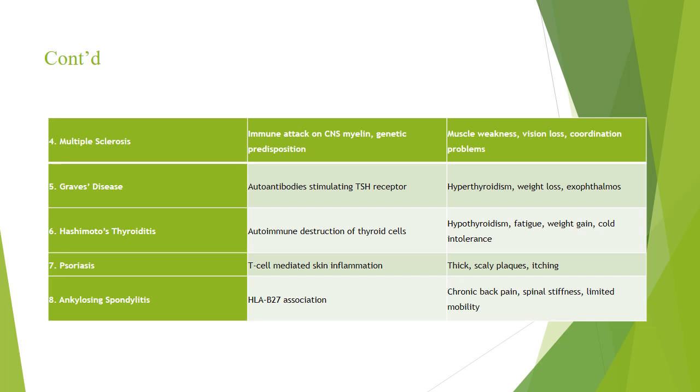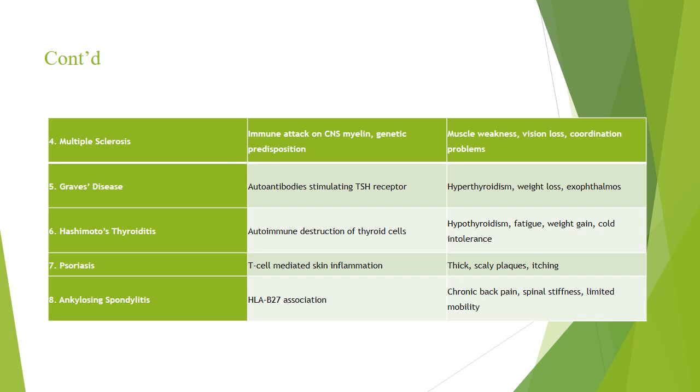The fifth one is Graves' disease, caused by autoantibodies stimulating the TSH receptor. TSH is thyroid stimulating hormone, which acts on the thyroid gland. This can end with hyperthyroidism, which is increased production of thyroid hormone, and weight loss is one of the clinical manifestations.